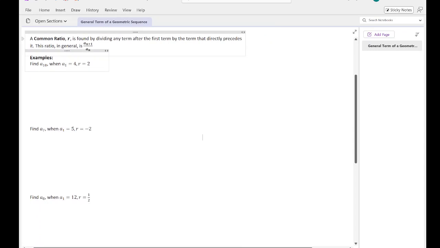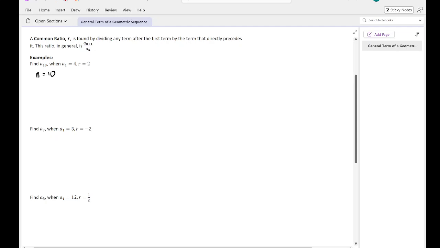Now let's look at some examples. We are going to find a sub 10, the 10th term, when a sub 1 is 4 and r is 2. Simple enough. We know that n equals 10.